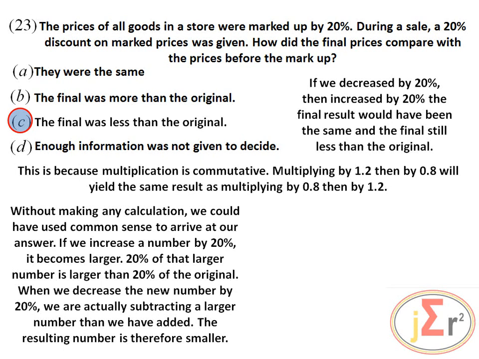Because in the end we are subtracting a larger number, the resulting number will therefore be smaller. So we have increased by 20%, making the number larger. Then the large number we are going to decrease by 20%. 20% of that larger number is larger. Therefore we are subtracting a larger number than we have added. Therefore the result is going to be smaller.